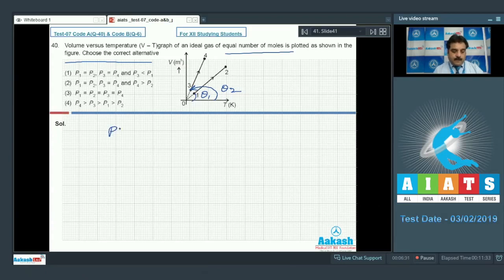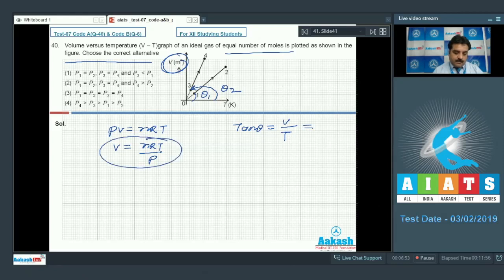Using the ideal gas equation PV = nRT, where n is the number of moles, volume is given by nRT upon P. The slope is tan theta, because on the y-axis volume is there and on the x-axis T is there. So we write nRT upon P, T cancels, and I have nR upon P as the slope.